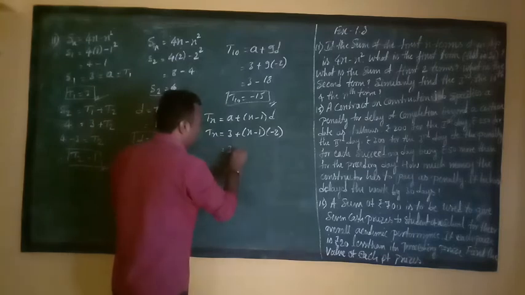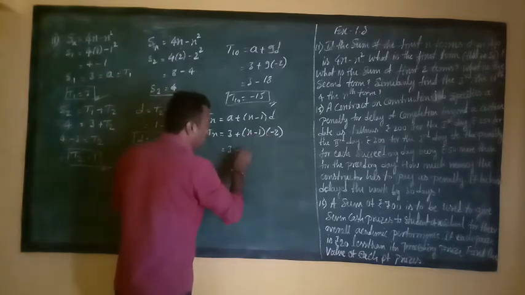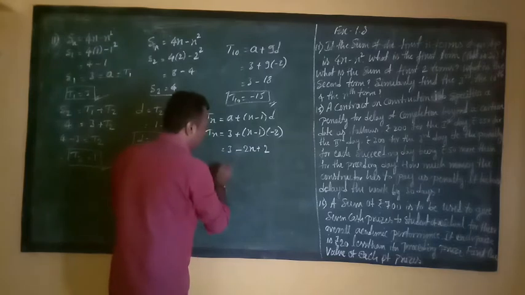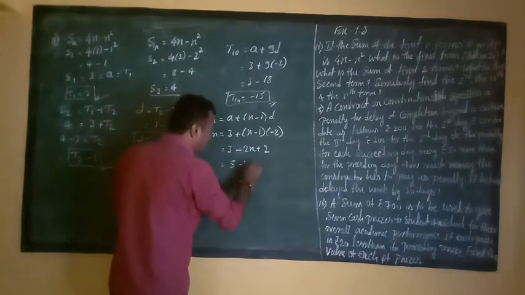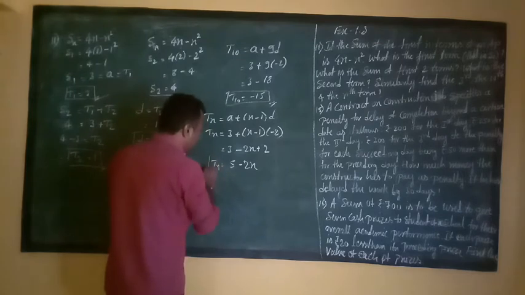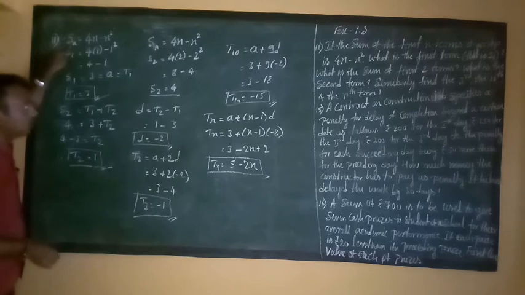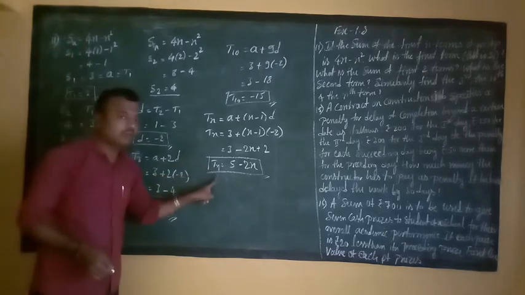So 3 plus minus 2 into n, minus 2n, minus into minus plus 2, so plus 2. So 3 plus 2 is 5, minus 2n. So this is the nth term of an AP. This is Sn, the sum of the n terms of an AP. This is the nth term of an AP.